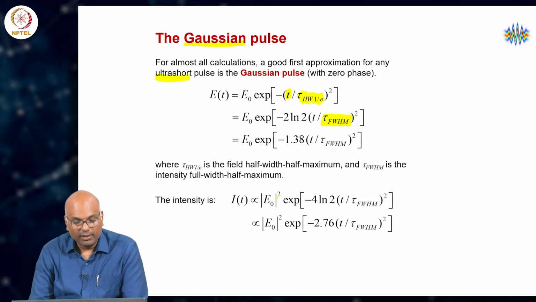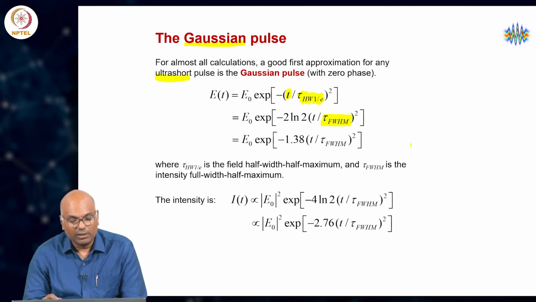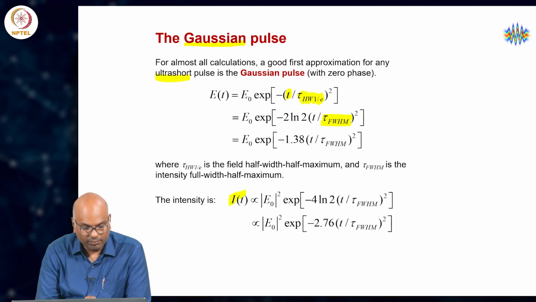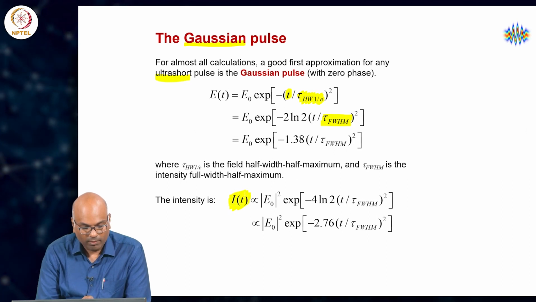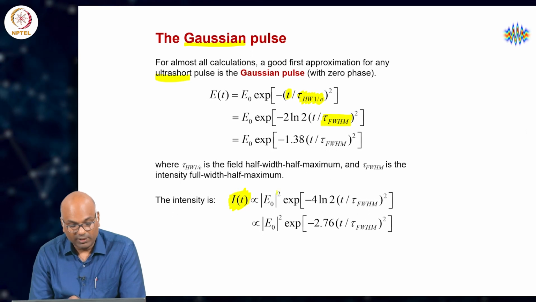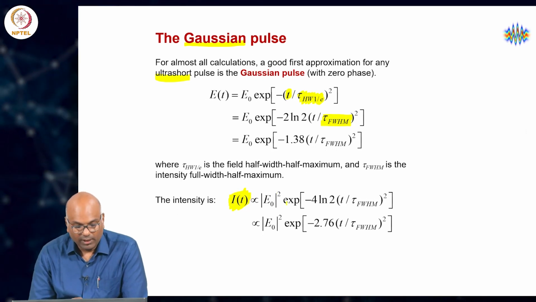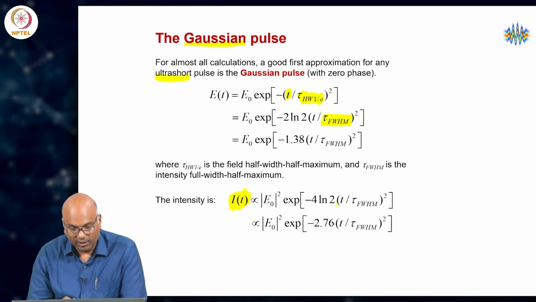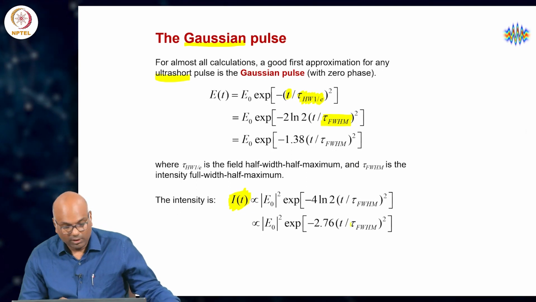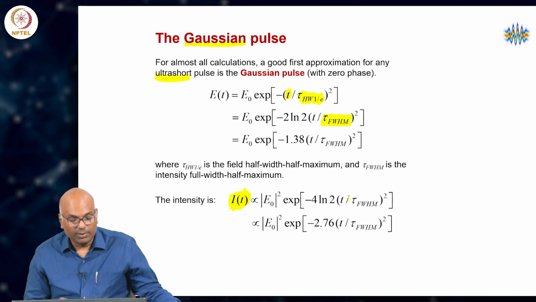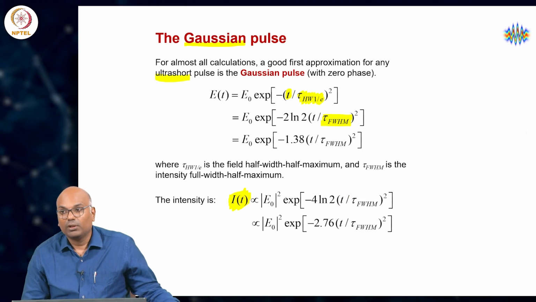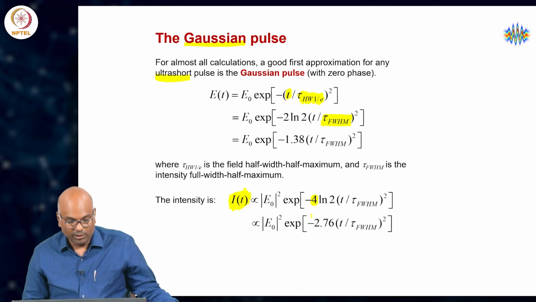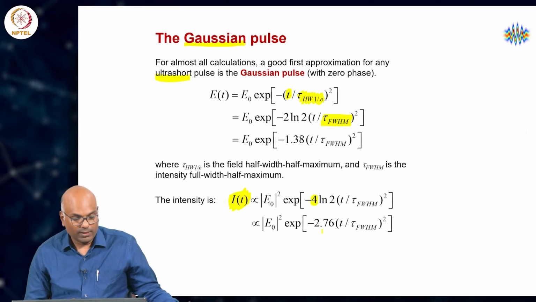Now, correspondingly, if I consider pulses with a Gaussian envelope function, then the intensity as a function of time, which is again pertaining to the envelope, is again a Gaussian function, whereas the width of the intensity for this Gaussian shape is reduced compared to that of the electric field by a factor of square root of 2. Okay, this is now 4 times the log of 2 in this case.